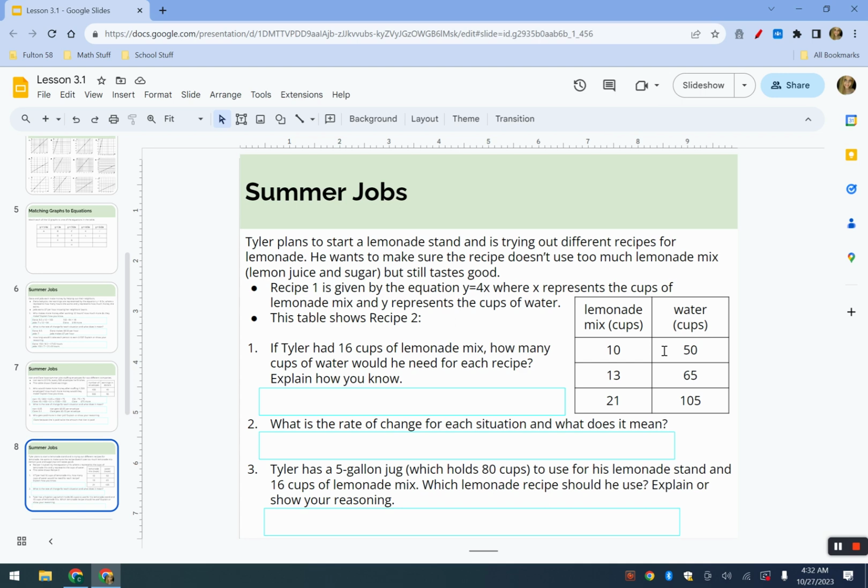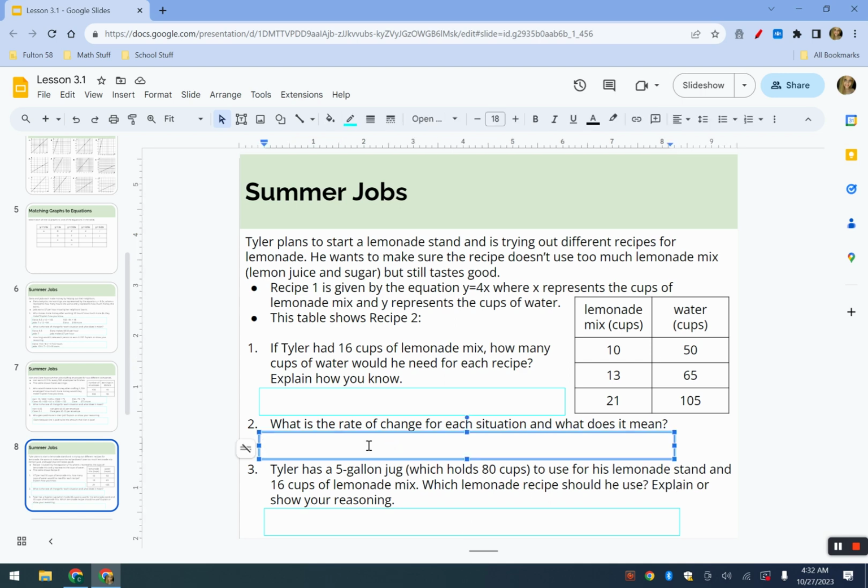Alright, so let's go ahead and start with number 1. If Tyler had 16 cups of lemonade mix, how many cups of water would we need for each recipe? So, first of all, we need our rate of change. I'm actually going to jump down to number 2 because we need our rate of change.